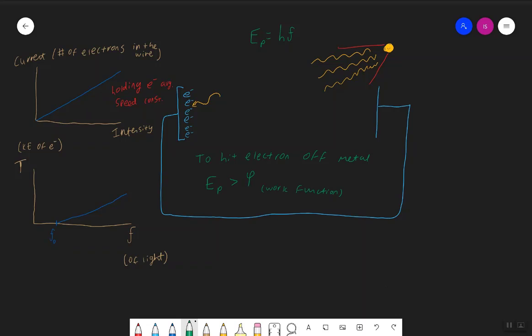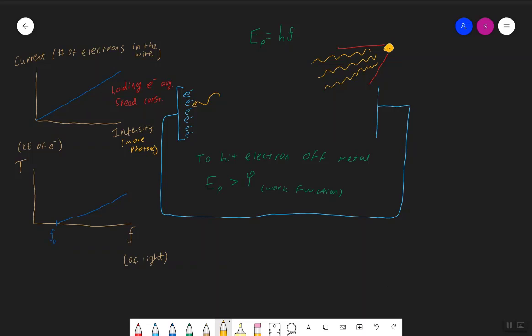Okay, and now what higher intensity means is more photons. So I'll write that here. Higher intensity means more photons. Right? But each photon, there's a 1-to-1 ratio. One photon hits one electron, right?